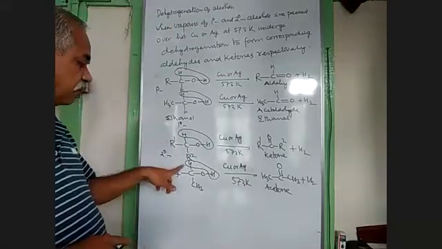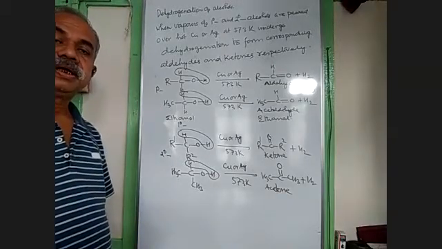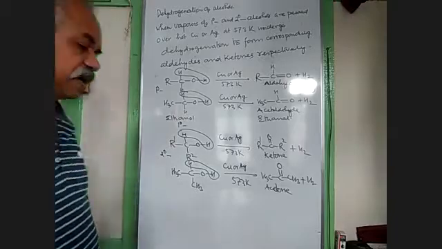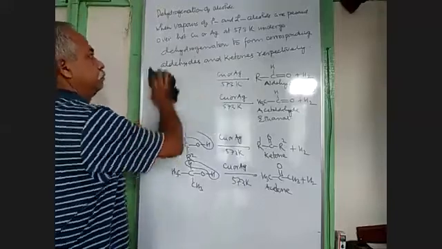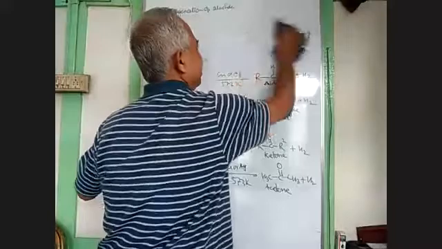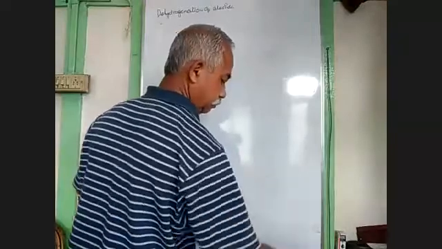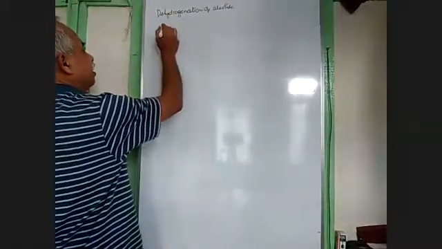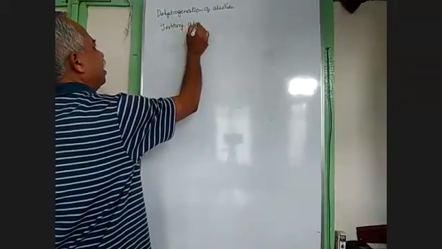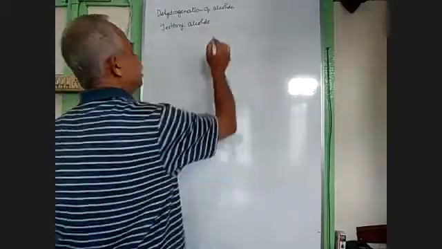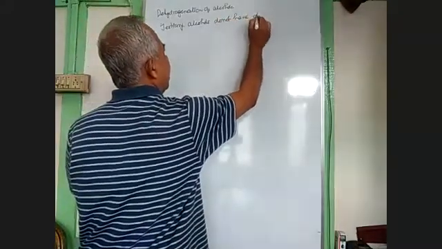When you go for tertiary, there is no hydrogen here. So in that case, the product will be different. All right. So I'll write: tertiary alcohols do not have alpha hydrogen.